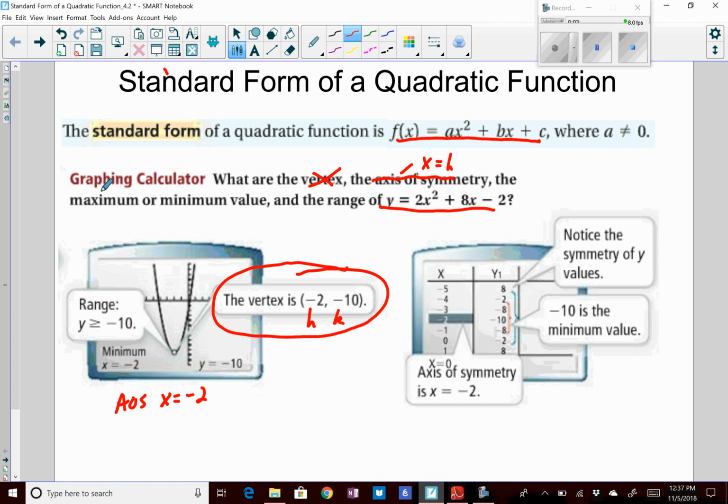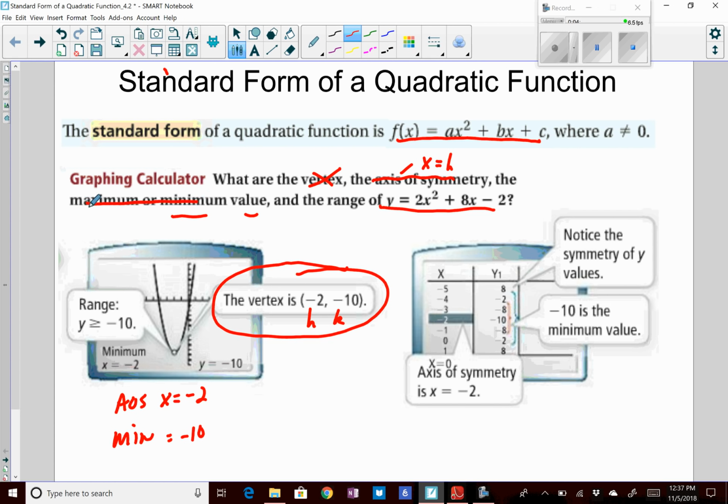Next thing they want to know is, do we have a maximum or a minimum? We mentioned that before when we looked at the calculator. Because the opening is at the top and the vertex is at the lowest point, we have a minimum. And we said that the minimum value is going to be whatever number k is. So we have a minimum here with a value of -10.